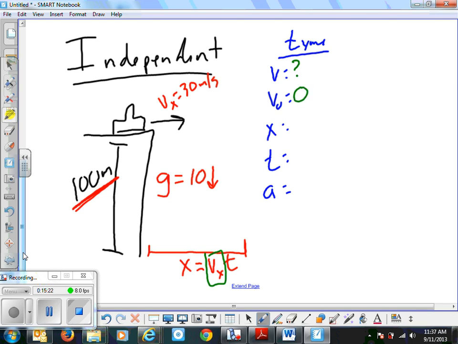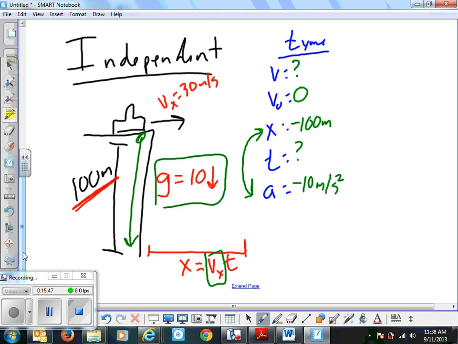Do you agree? The x in the y direction is negative 100. Time we don't know. That's what we're looking for. Acceleration is negative 10 meters per second squared. Now, you could put both of these in positive, and that's fine. But the displacement starts here and ends down here, in the downward direction. So whatever your acceleration is, as far as the sign, you have to maintain that throughout the whole problem.